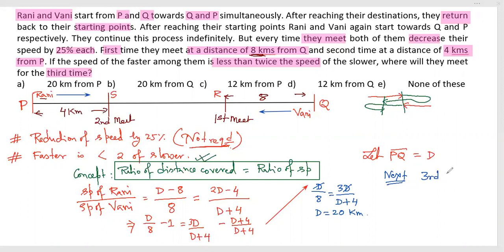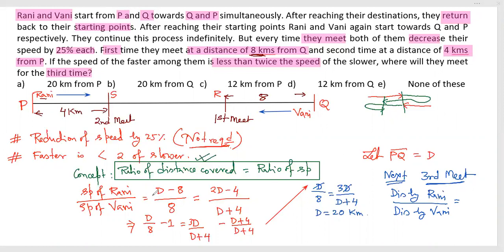Now for the third meeting, the question is, where will they meet for the third time? For the third time, the distance traveled by Rani and the distance by Vani would also be the ratio of their speeds.